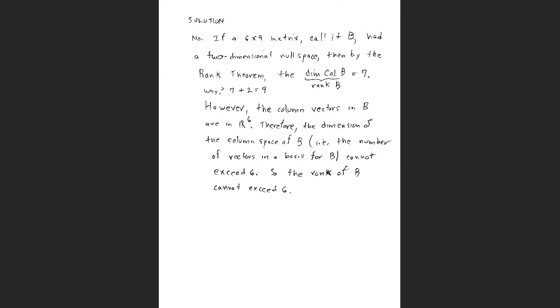So let's suppose that you have a 6 by 9 matrix, and we'll call it matrix B. If it has a two-dimensional null space, then by the rank theorem, the dimension of the column space of B would be 7. We're comfortable with that. Why is that? Because 7 plus 2 equals 9.